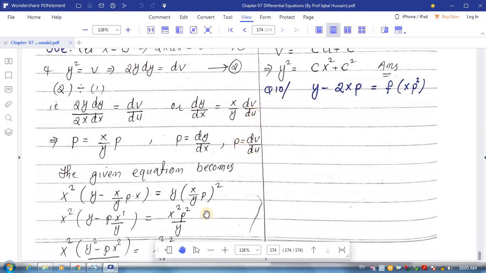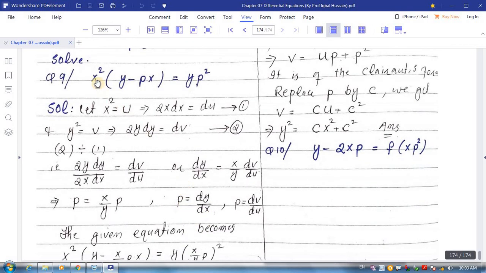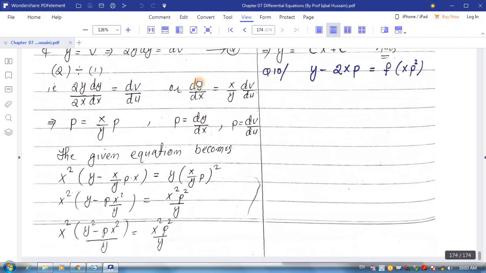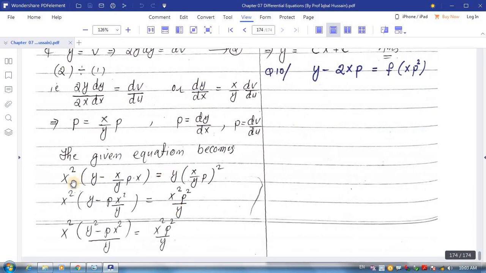The given equation becomes, now we have to put the values. This is x square, this is y. So putting values here, for this p we will replace x square y minus x over p.